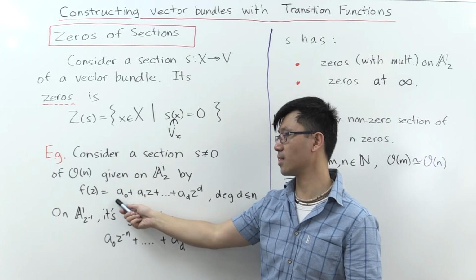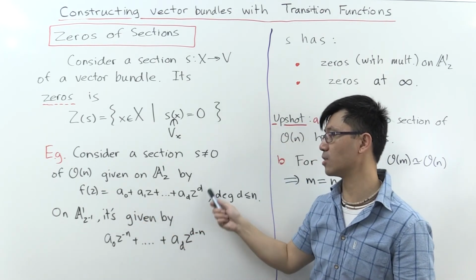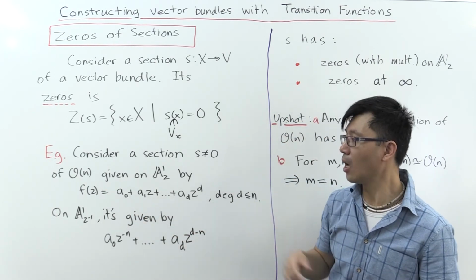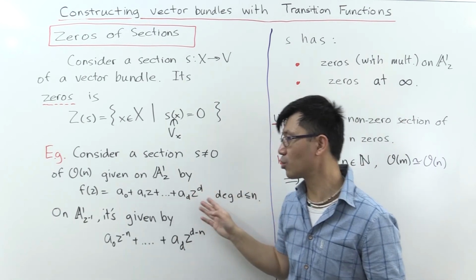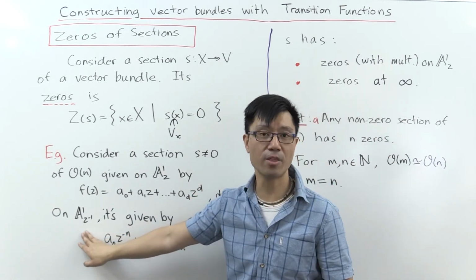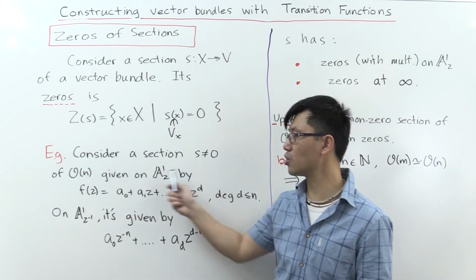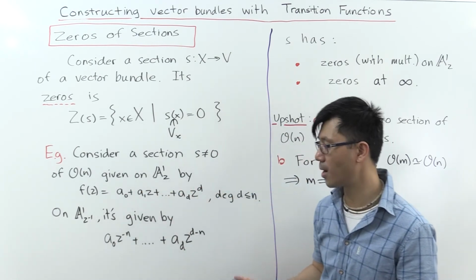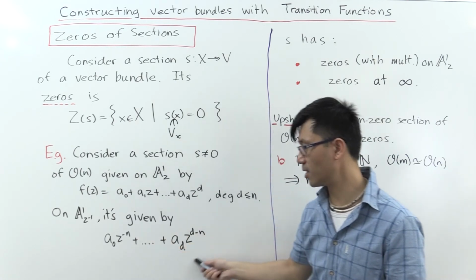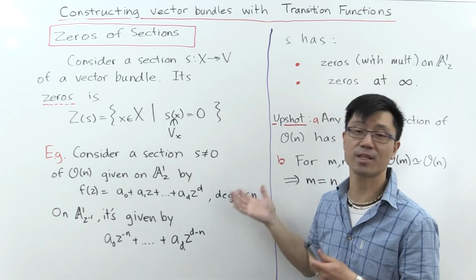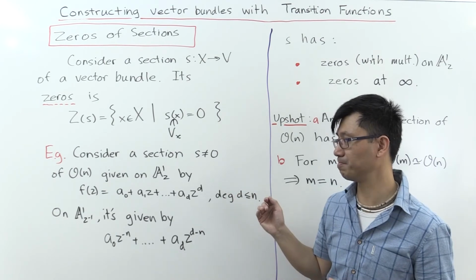So we can write it like this, a0 plus up to a_d z to the d. Okay, so it's good to also see what it looks like on the other patch, the affine line with coordinate z inverse in a neighborhood of infinity. And so remember, you just multiply this by z to the minus n, and that's what you have here. And now let's have a look at the zeros of this section.